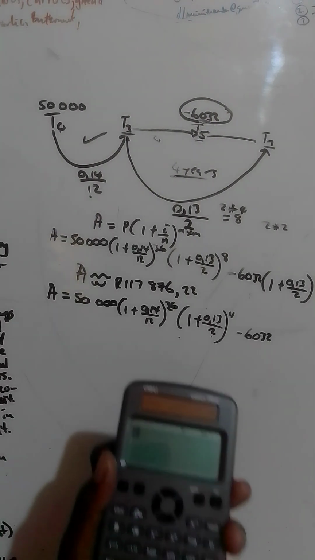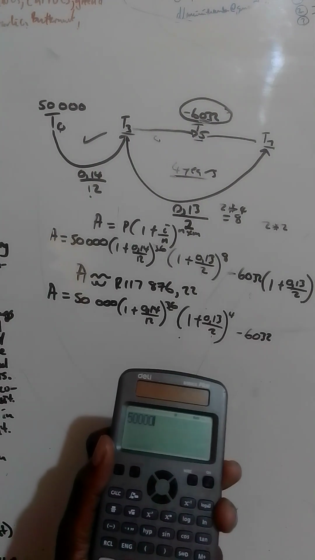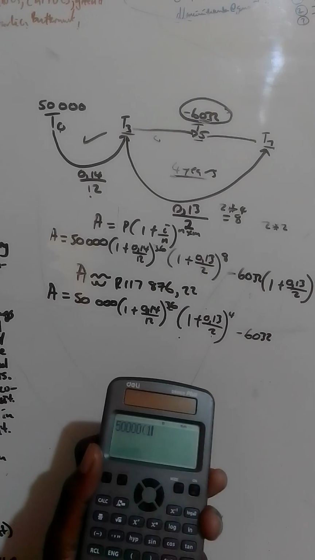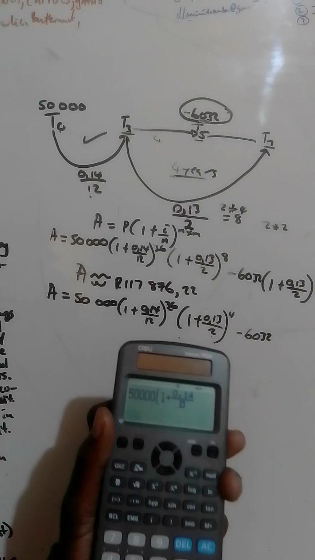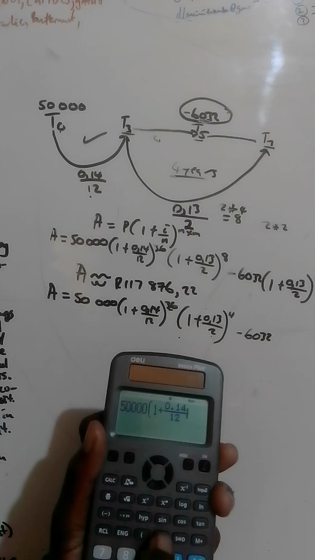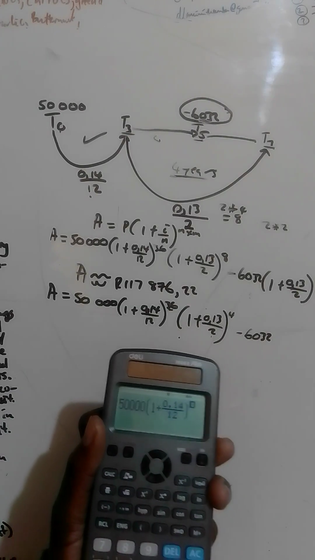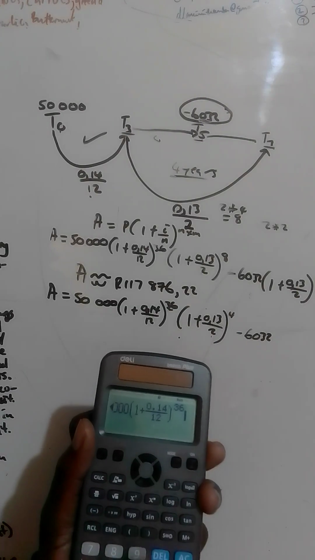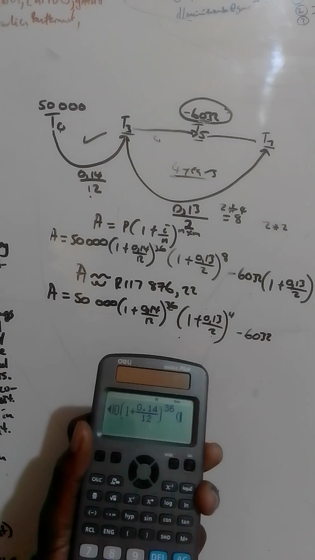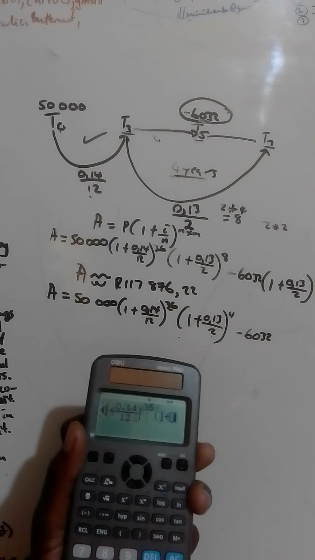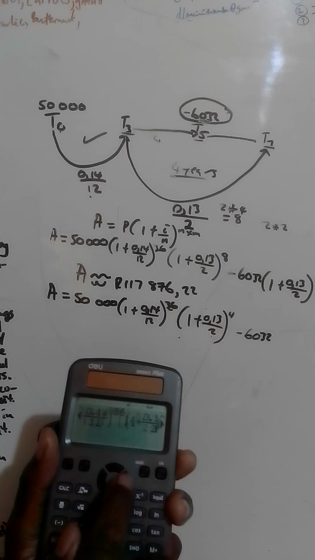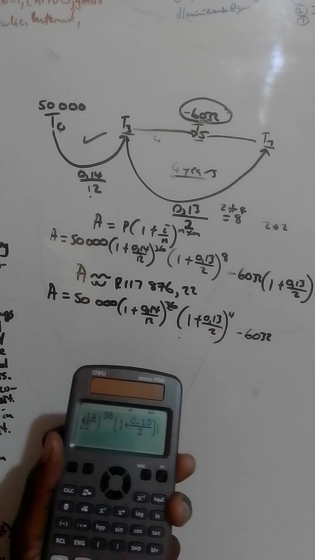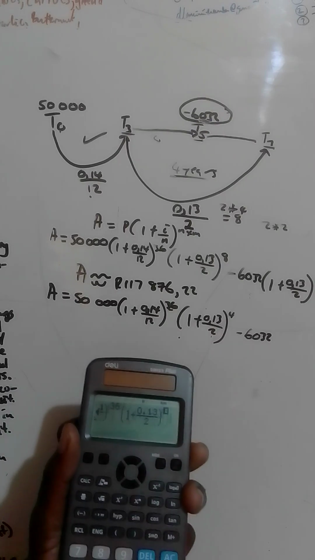Now, let's go to the calculator. We say 50,000 rands, open bracket, 1 plus 0.14 over 12, close bracket, to the power 36, multiplied by open bracket, 1 plus 0.13 over 2, close bracket, to the power 4.